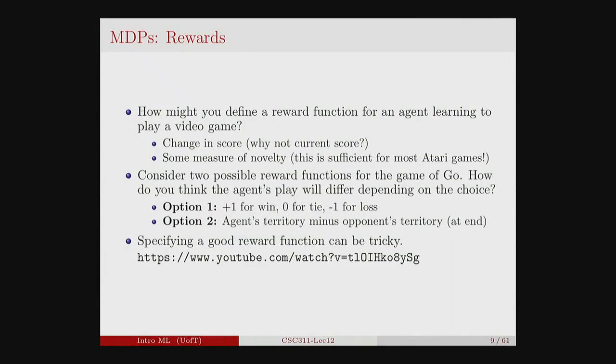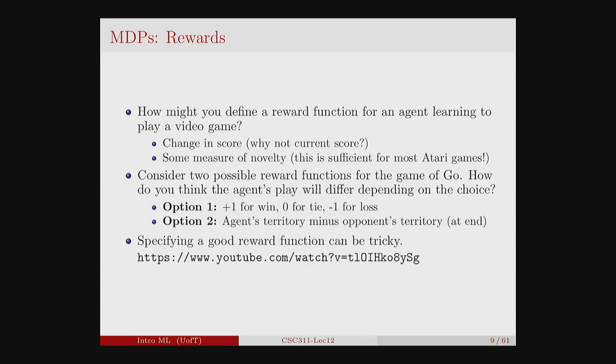And so the choice of how you design a reward function often has a huge role to play in the quality of results that you get. And so you can look at this YouTube video of, I think, an agent that's been trained to play Pong that shows you the influence of changing the reward choices when you come up with this agent. But moreover, you can think about simple examples of a game like chess or Go. One option might be to give the agent a +1 for a win, a 0 for a tie, or a -1 for a loss.